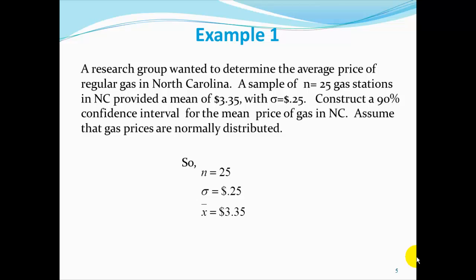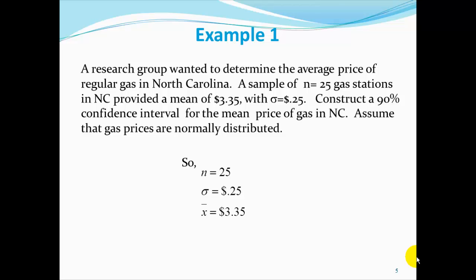A sample of n equals 25 gas stations in North Carolina provided a mean of $3.35 with a population standard deviation of 25 cents. Construct a 90% confidence interval for the mean price of gas in North Carolina. Assume that gas prices are normally distributed.